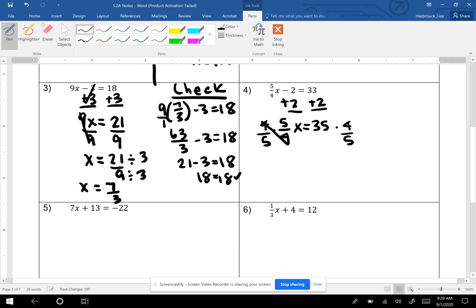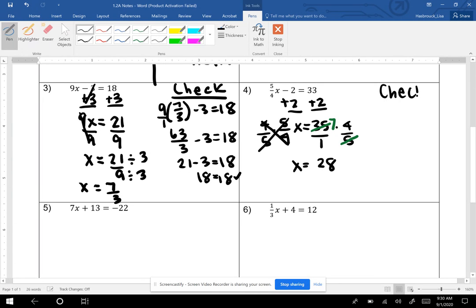Notice how this would cancel out because you have 4 on top, 4 on bottom, 5 on top, 5 on bottom. So x is alone. I'm going to put the 35 over 1. You can multiply straight across and then divide, or you could cross reduce. 5 goes into 35 7 times. So we get 7 times 4, which is 28.